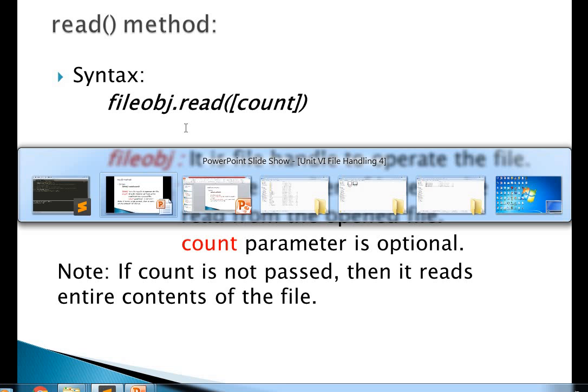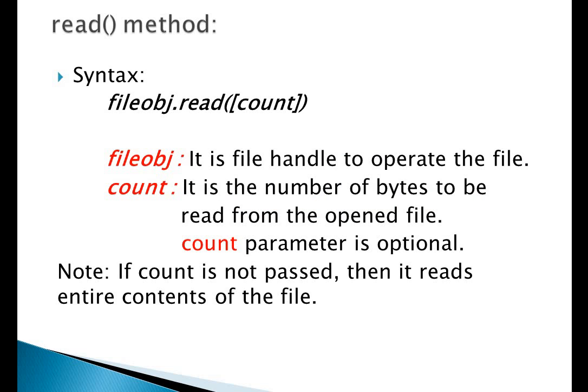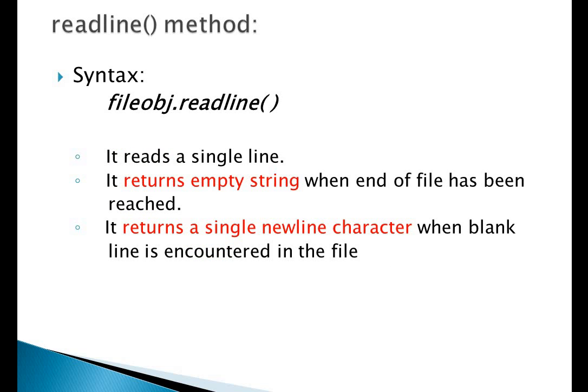Next method we are using for read purpose, readline. It reads a single line at a time. Whenever the end of the file has been reached, readline function returns empty string.